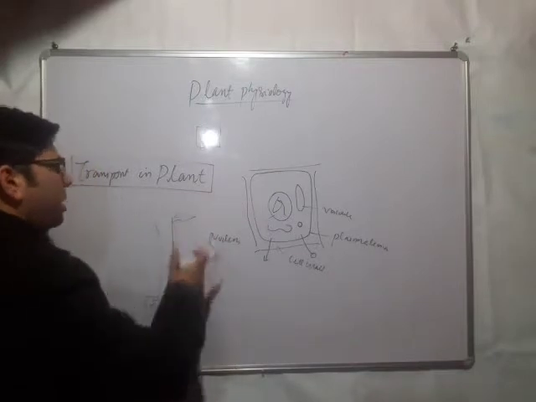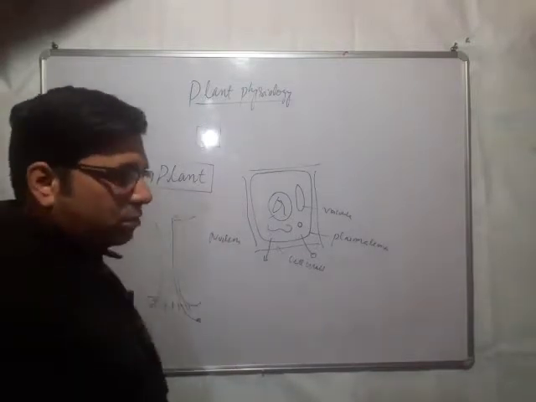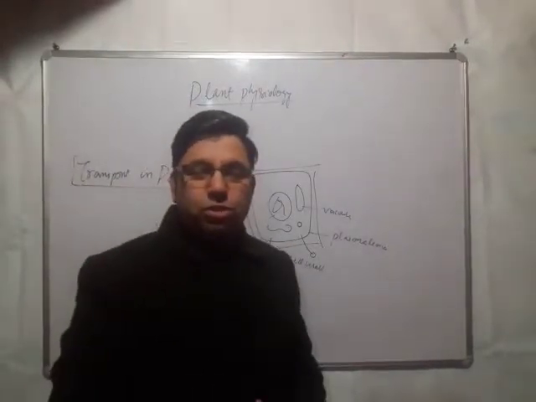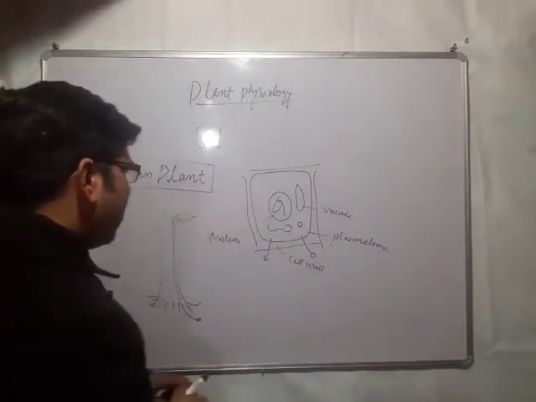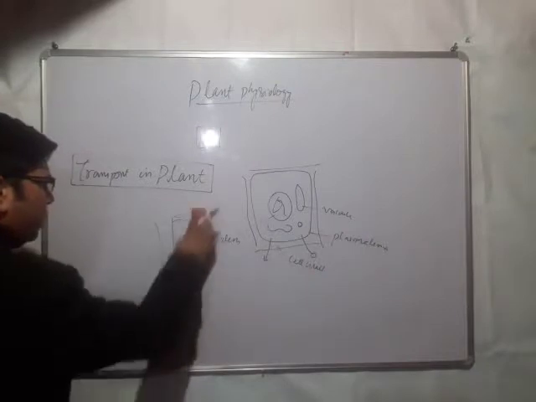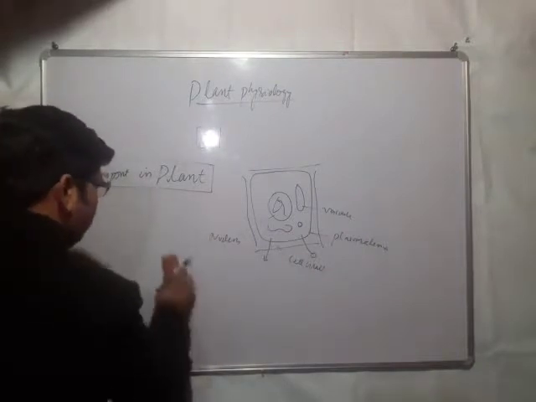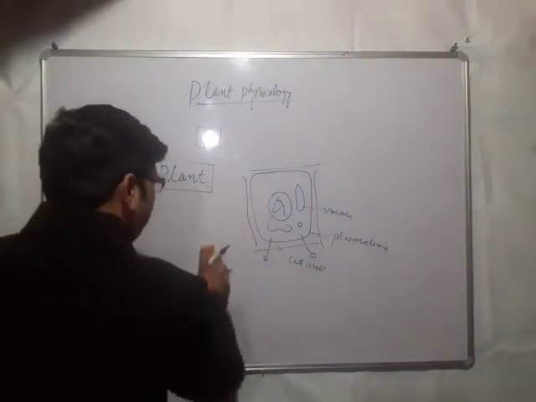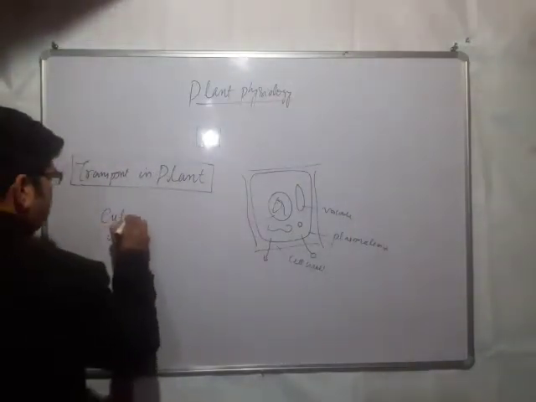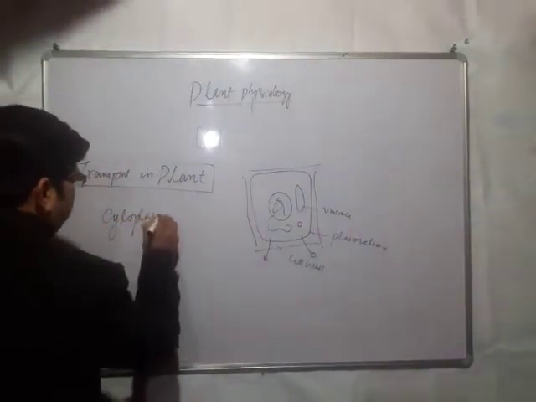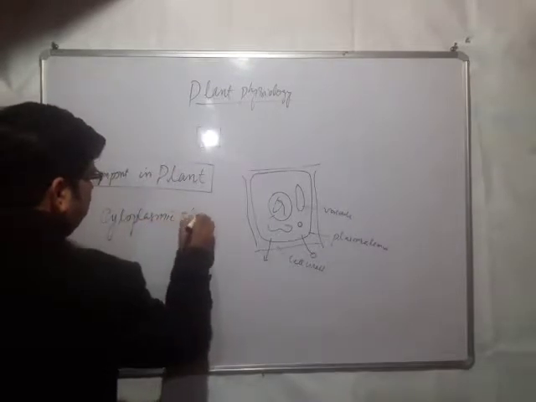So transport in plants, we can broadly classify into three categories based on distances. We can have cytoplasmic transport, which is a very short distance transport within the cell, cytoplasmic streaming.